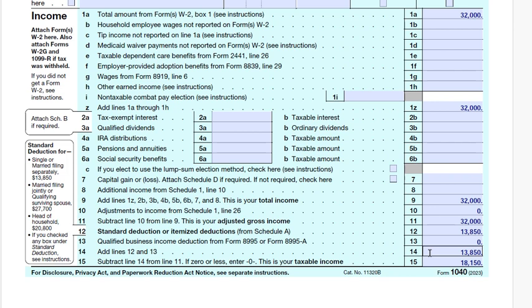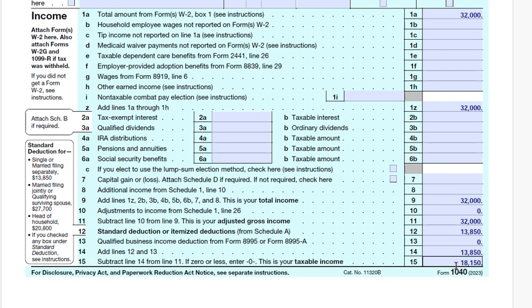Line 14 combines lines 12 and 13, and we have 13,850. And line 15 is taxable income. So we do 32,000 minus 13,850, and then we have 18,150. And so this is the taxable income.